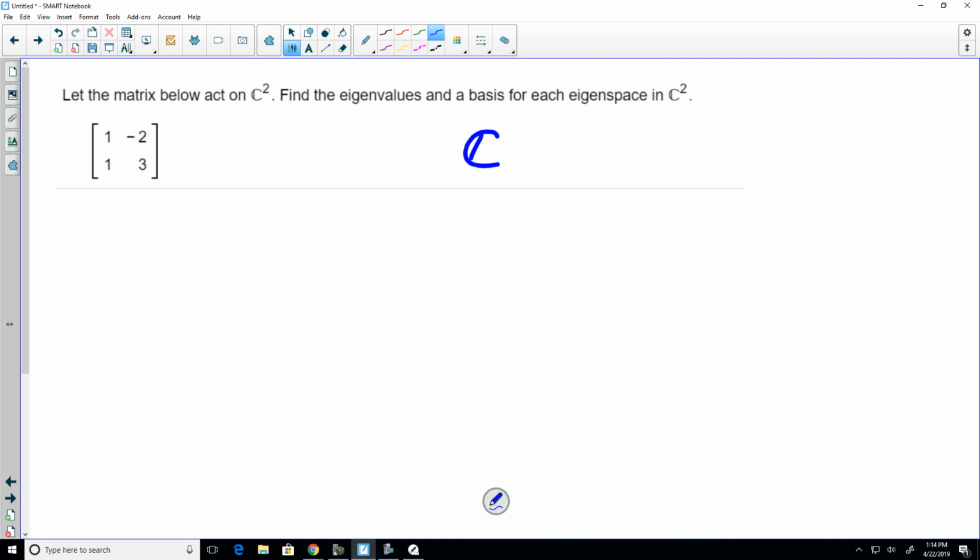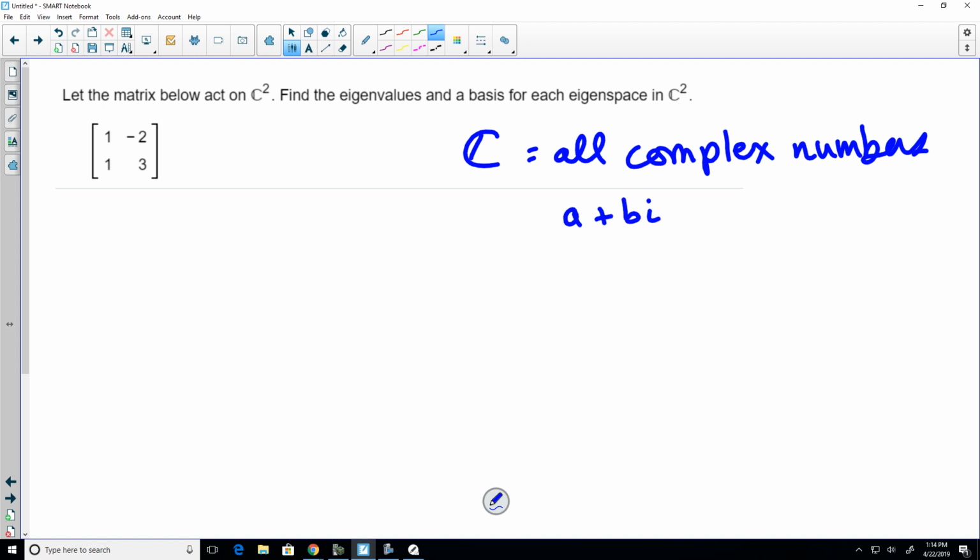So C with the double line is all complex numbers. Just a reminder, complex numbers are numbers of the form a plus bi, where i is the imaginary number, the square root of -1.